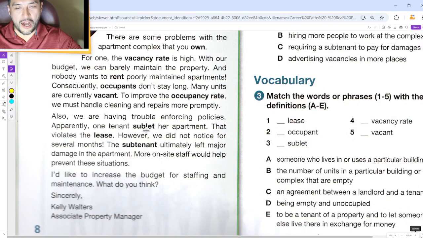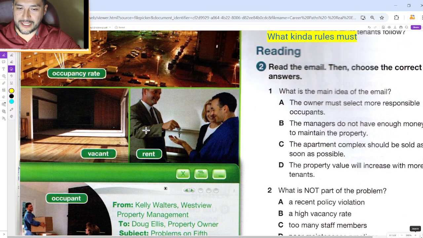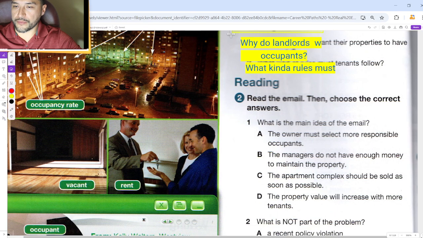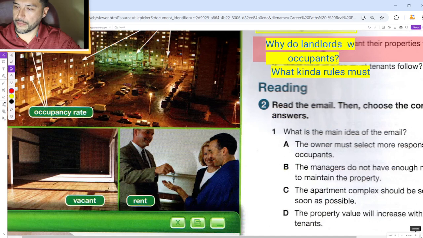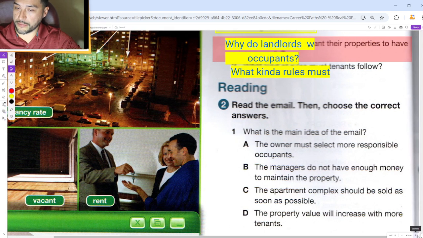Occupancy. To start the class, we have 2 questions. Why do landlords want their properties to have occupants? Let's get started with this question first.